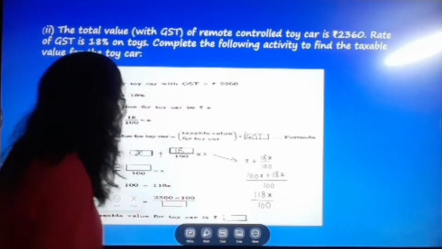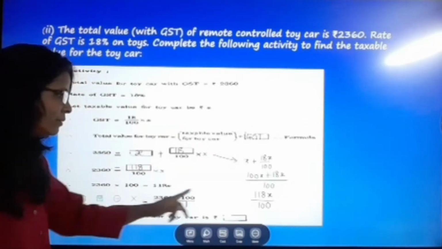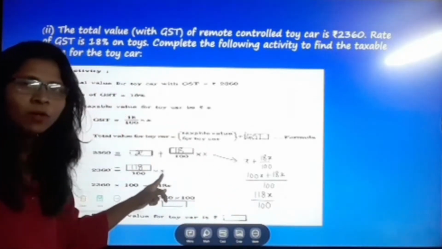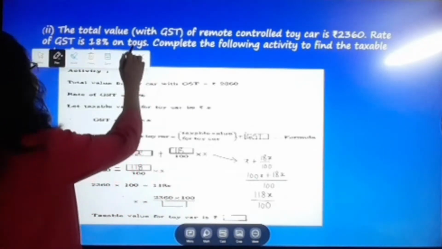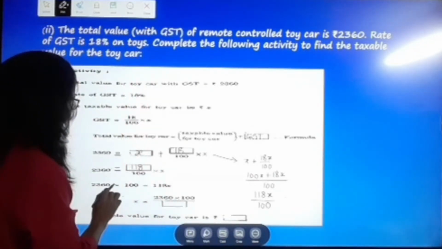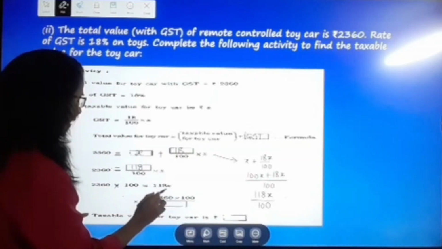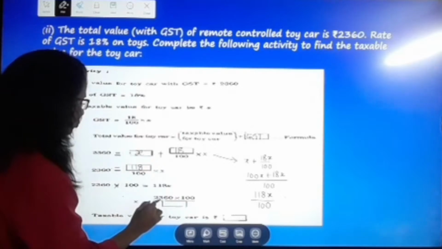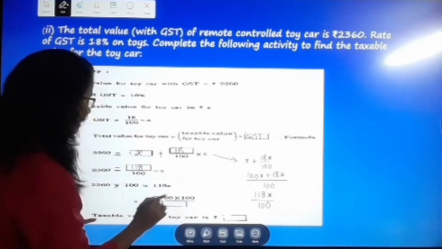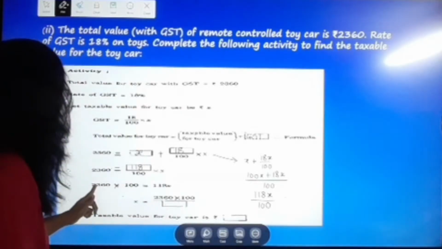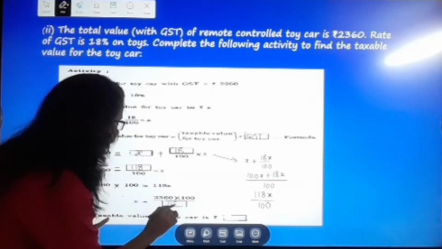So here students I write only 118 because x is already written. Okay, and then here 2360 multiply 100 is equal to 118x. So x is equal to 2360 multiply 100 divided by 118.